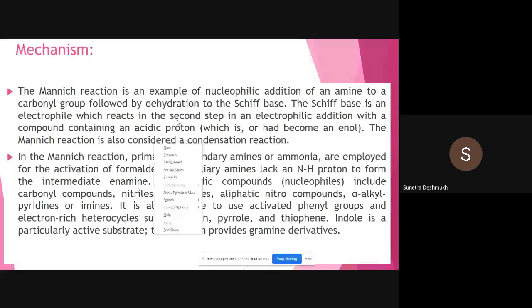Indole is a particularly active substrate. The reaction provides gramine derivatives. So these are the substrates we can use. What type of aromatic material, what type of amines, what type of non-enolizable ketones and what type of enolizable ketones we can use, they have given here.